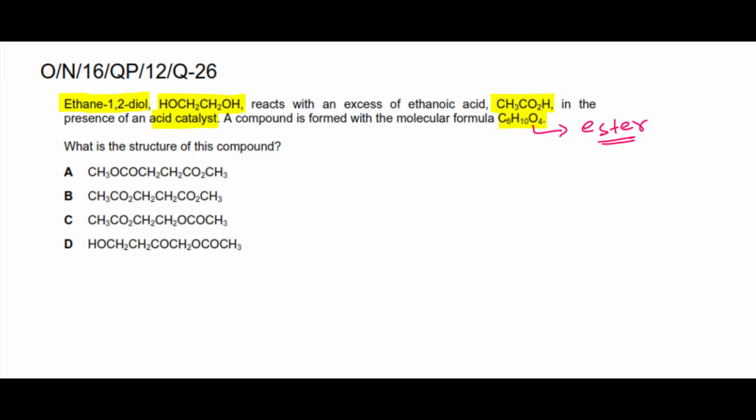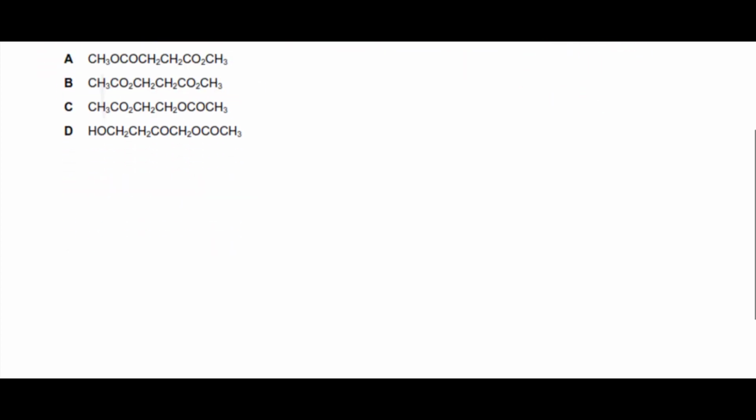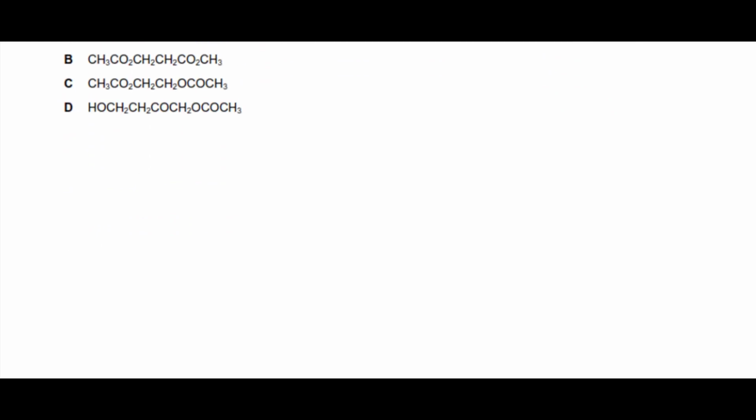So we have ethanoic acid, ethane 1,2-diol reacting with ethanoic acid. Ethane 1,2-diol is CH2OH CH2OH, and in esterification an ester link is formed.